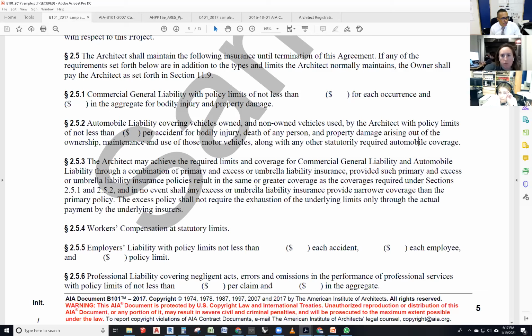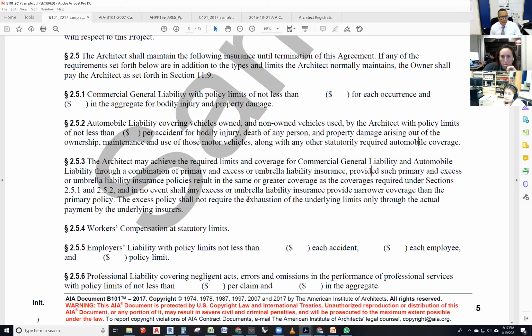Then, provided such primary and excess umbrella liability insurance results in, okay, got it. And in no event shall any excess or umbrella liability insurance provide narrower coverage than the primary policy. So it can't be less than the primary policy. The excess policy shall not require the exhaustion of the underlying limits only through the actual payment by the underlying insurers.